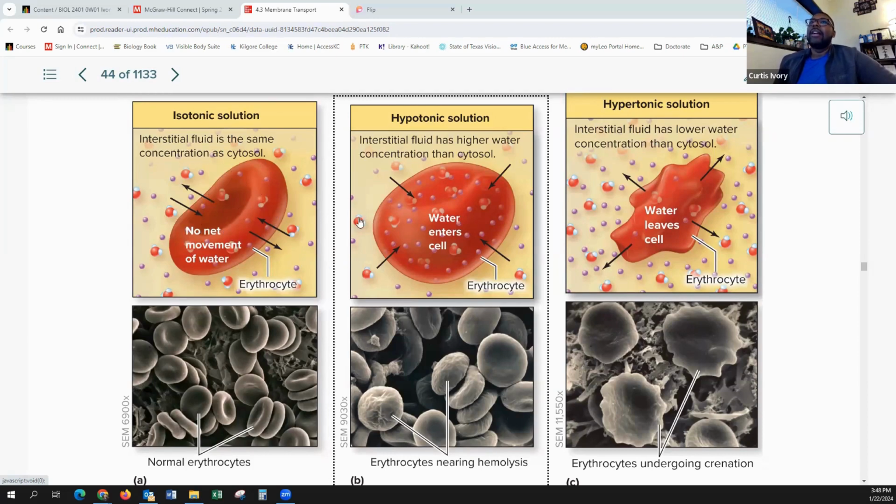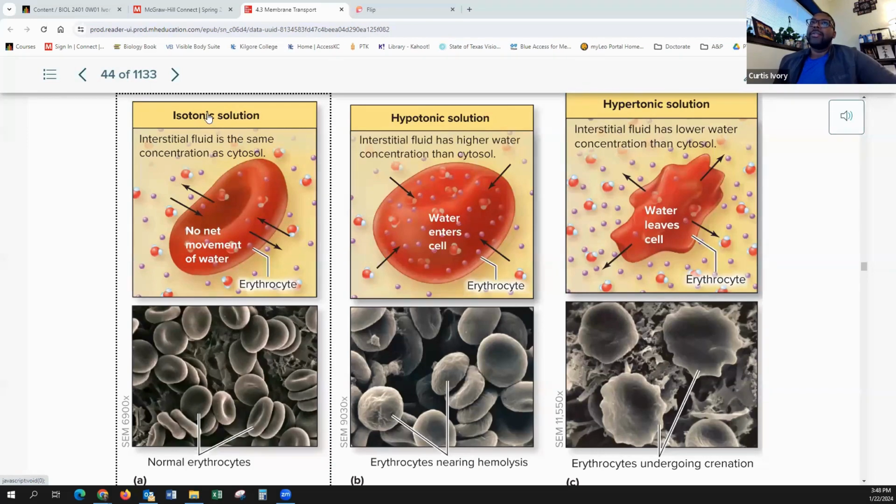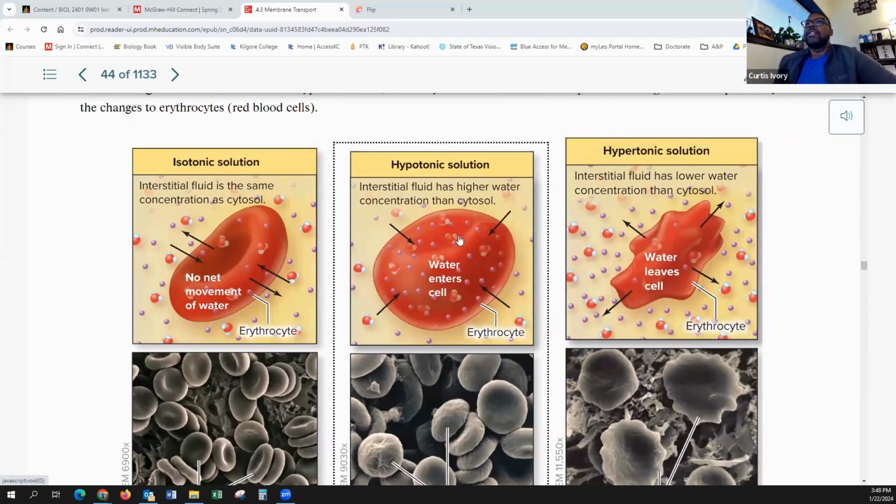Now, let's look at the difference between the isotonic and the hypotonic. So hypotonic, if you notice, it's a lot more swollen up. I tend to remember hypotonic by, it reminds me of a hippo, which are really, really big. So I think of hypo when it comes to water swelling.